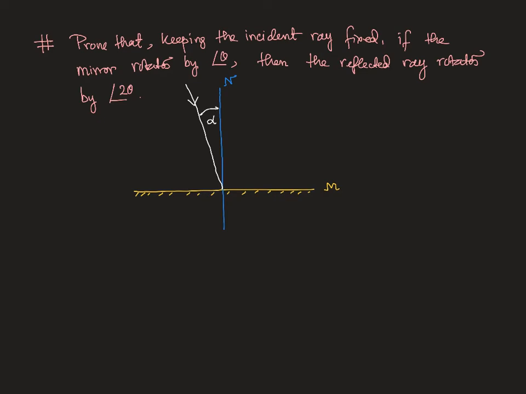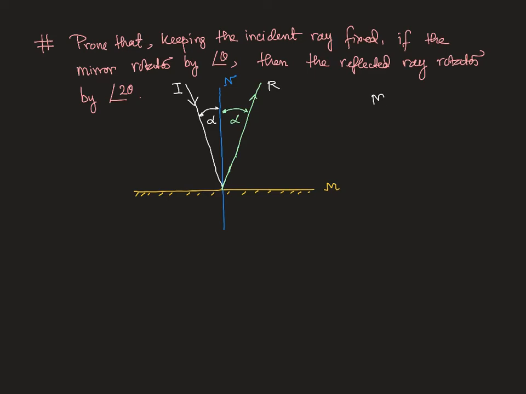So what is the reflected ray? The reflected ray also has the same angle alpha. So this is the same angle alpha. This is the incident ray, reflected ray.